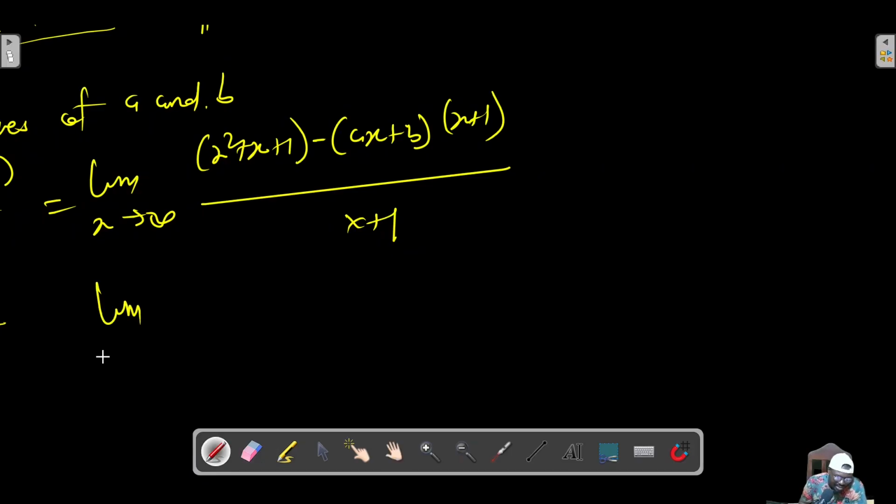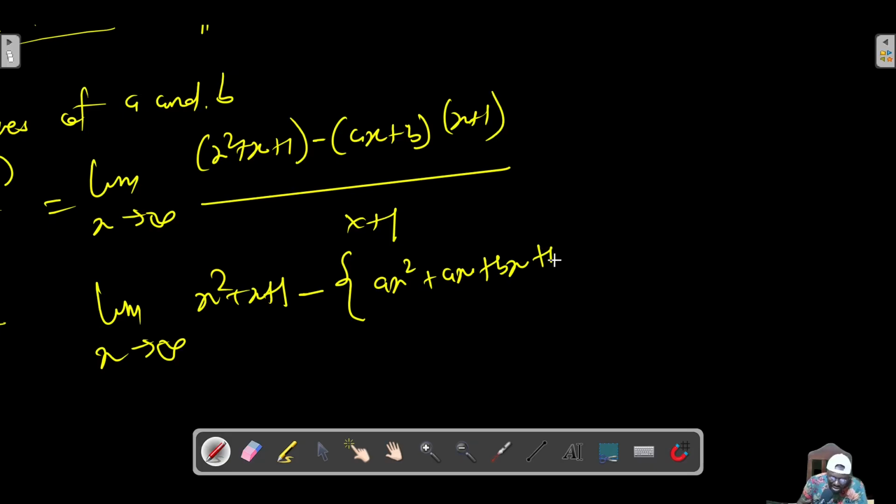We get the limit as x is approaching infinity of x squared plus x plus 1 minus, now here becomes ax squared plus ax plus bx plus b, all on x plus 1.